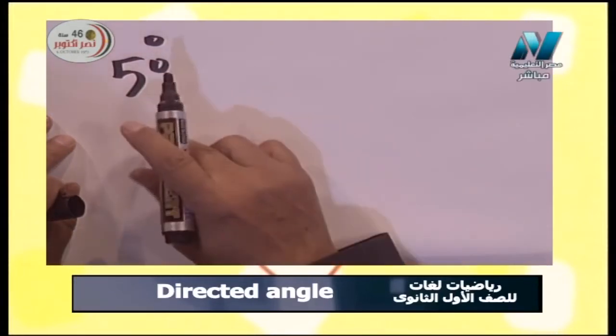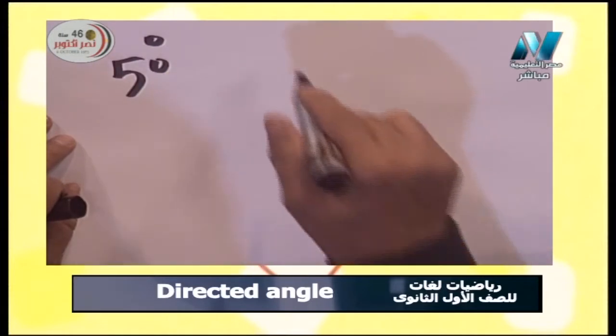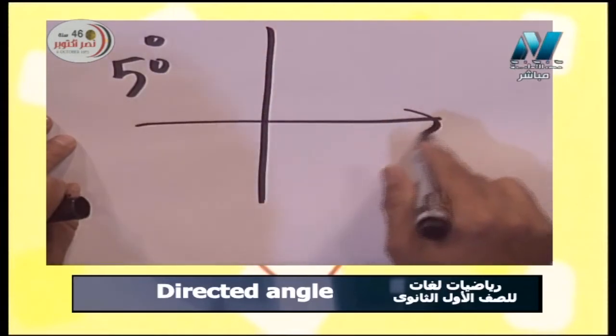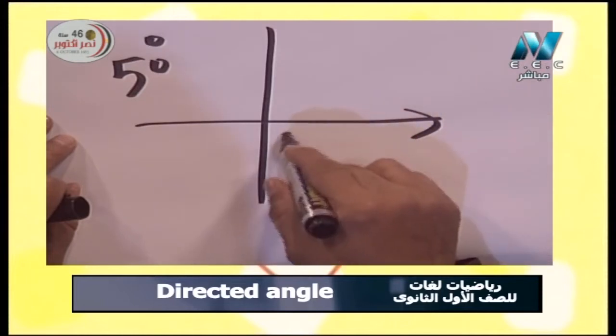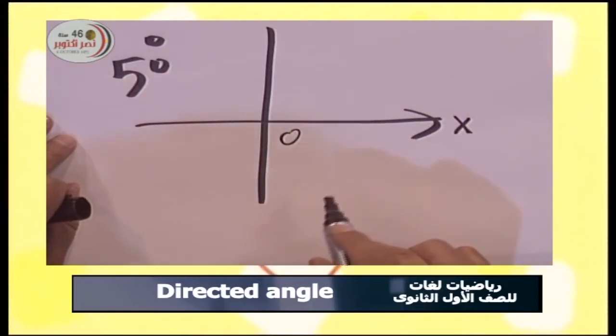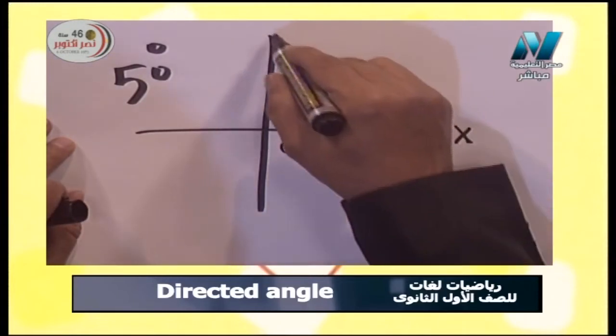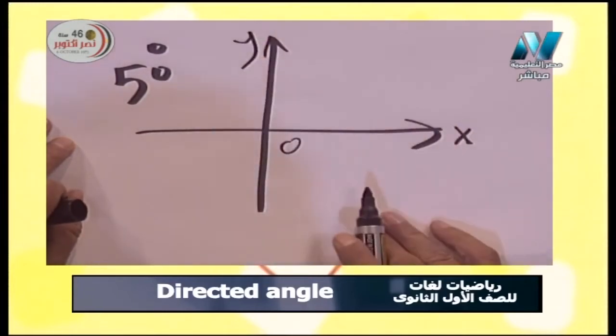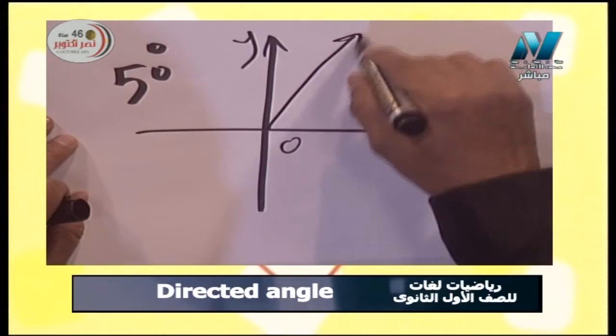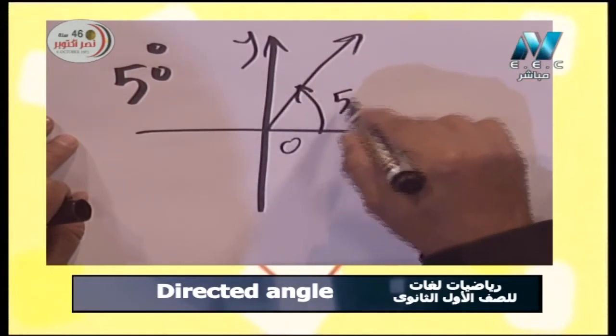We know that 50 is included between OX, the initial side, and OY. We have here 50 degrees.